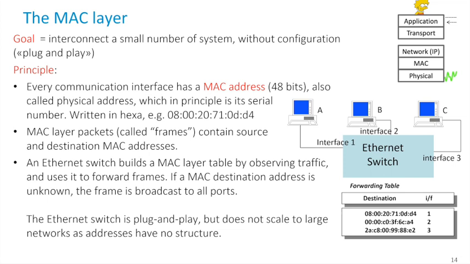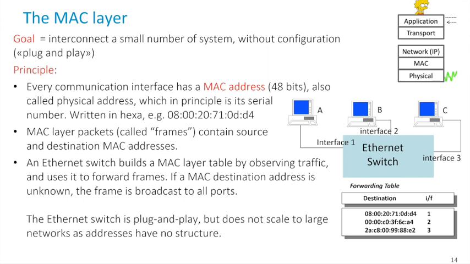Every communication interface has a MAC address. A MAC address is 48 bits, written in hexadecimal digits, because at this time the MAC was meant to be visible only by engineers, unlike the IP address, which is visible by anybody who uses the system.